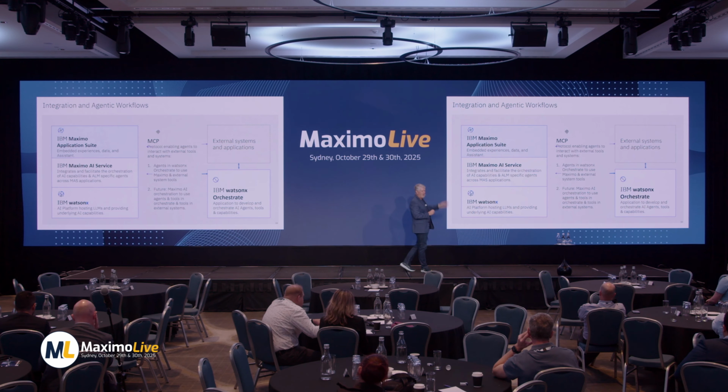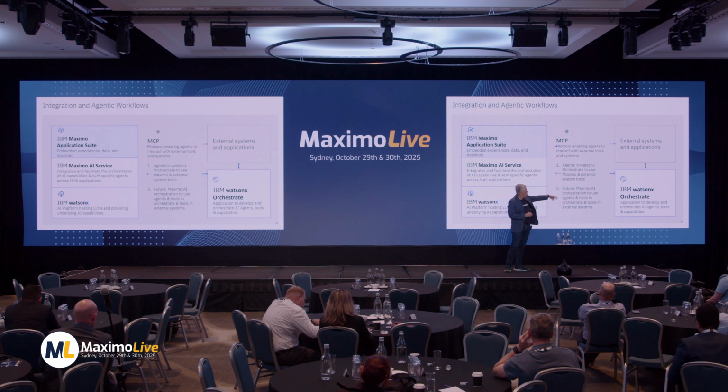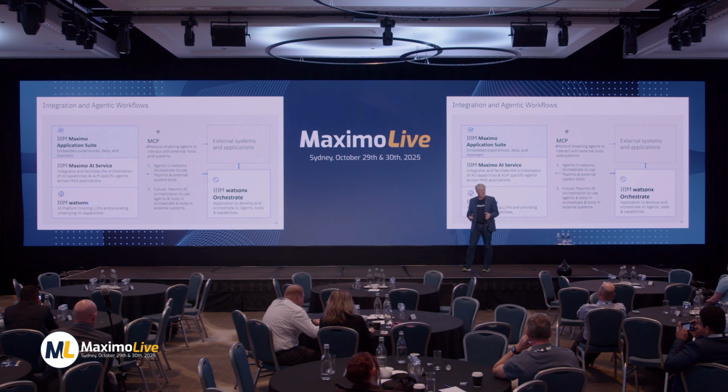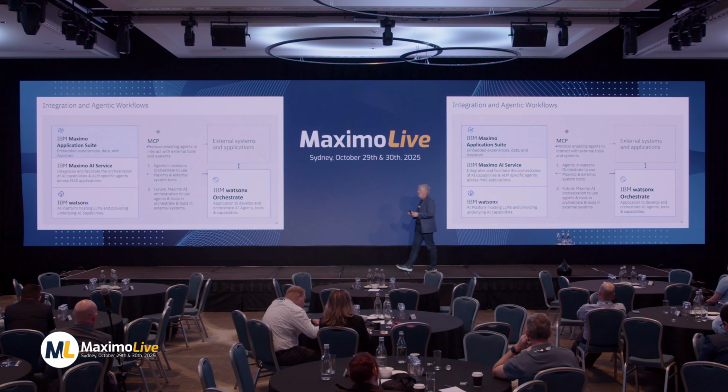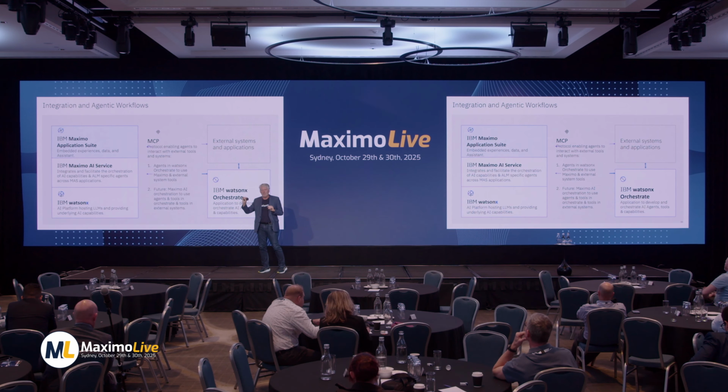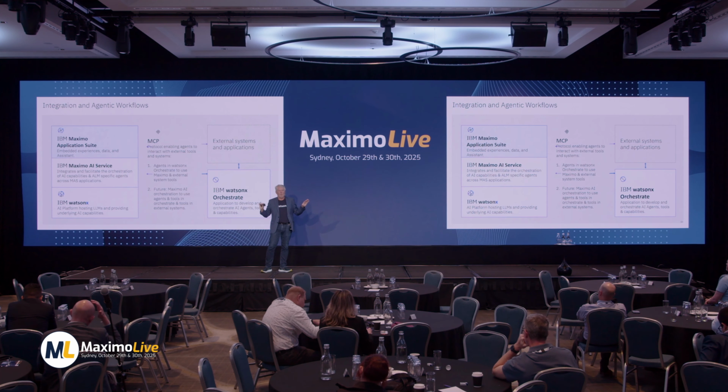So if you build your agent off of MCP, it will be consistent with how we built ours, which allows me to leverage a tool like watsonx Orchestrate, which has an MCP server in it, to create a workflow in which my agent can be included with the out-of-the-box agents that we do in Maximo. Or I can create an agent for my ERP system, because supply chain is what I care about, and plug that agent into an agentic workflow that ties together with the work being done in Maximo.